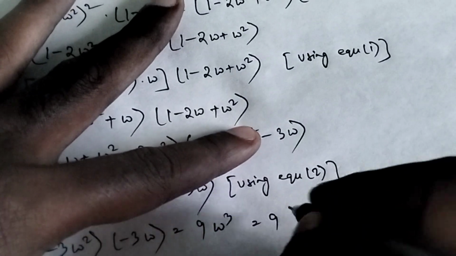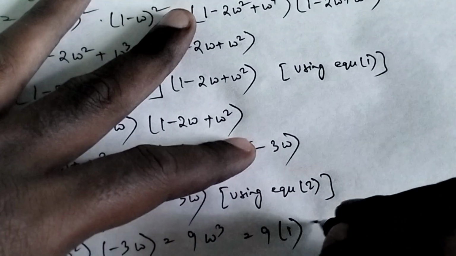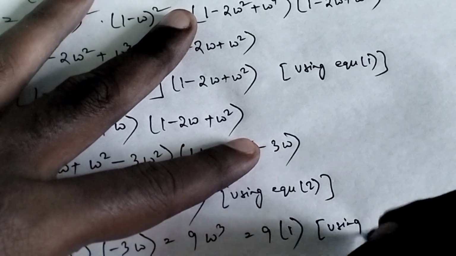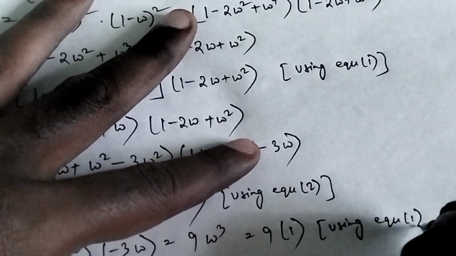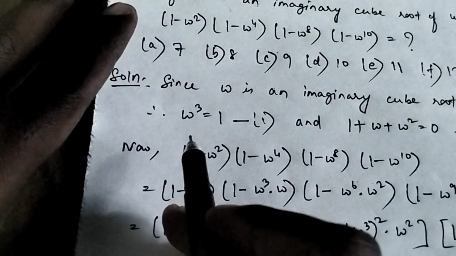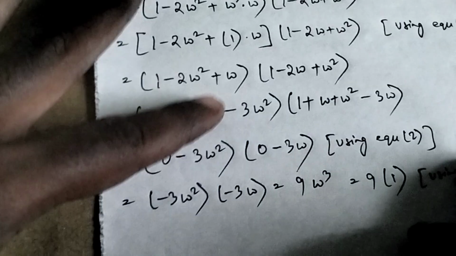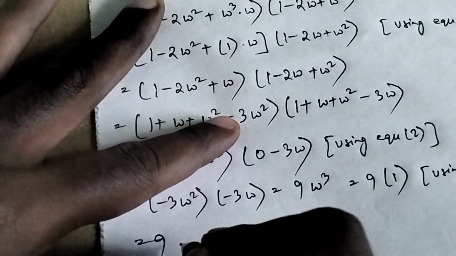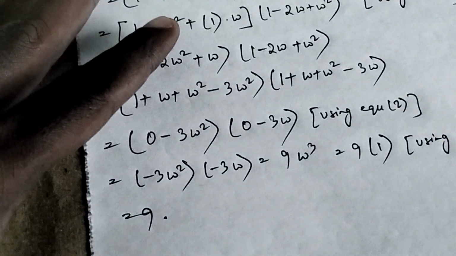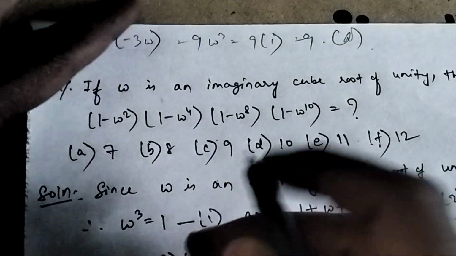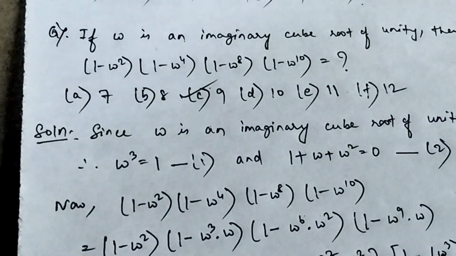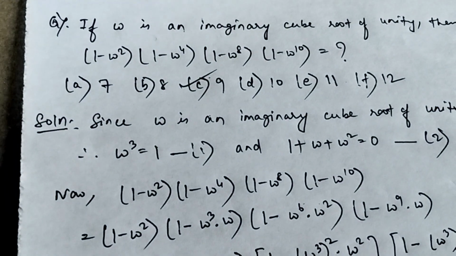Again 9 omega cube means 9 into 1, using equation 1, omega cube is equal to 1. So ultimately the answer is 9. 9 is the answer. So option number C is the correct option. Okay, thank you.